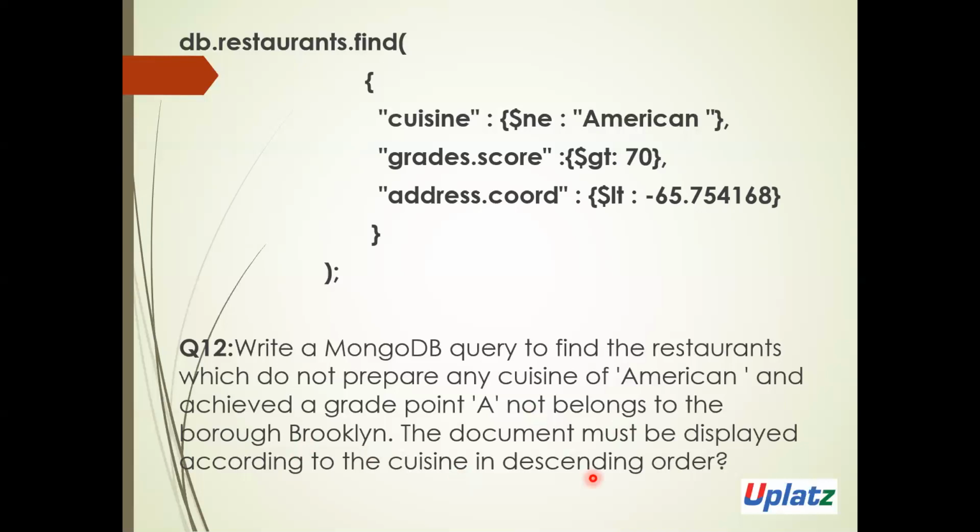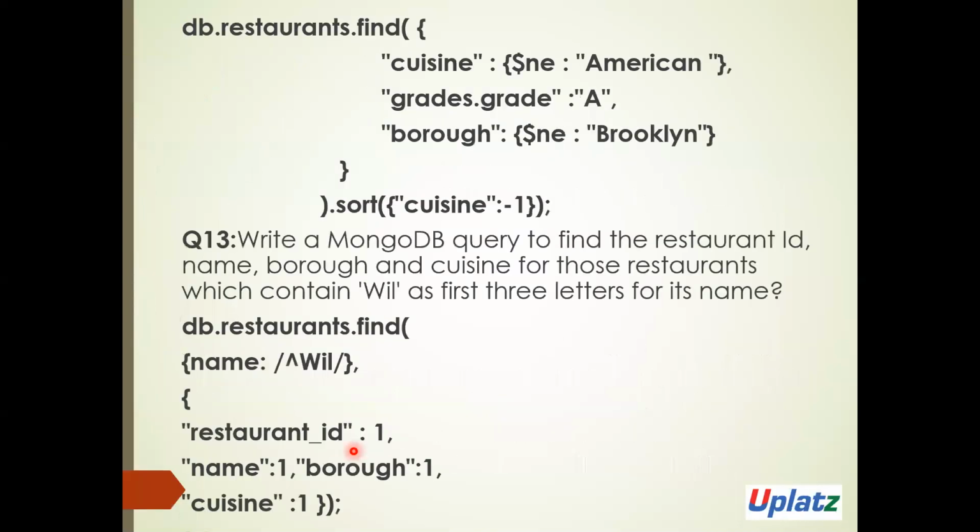Here there are four conditions: cuisine should not be American, grade A, the borough should not equal Brooklyn, and at last the result of these three conditions should be sorted by cuisine in descending order. This is how you need to write it.